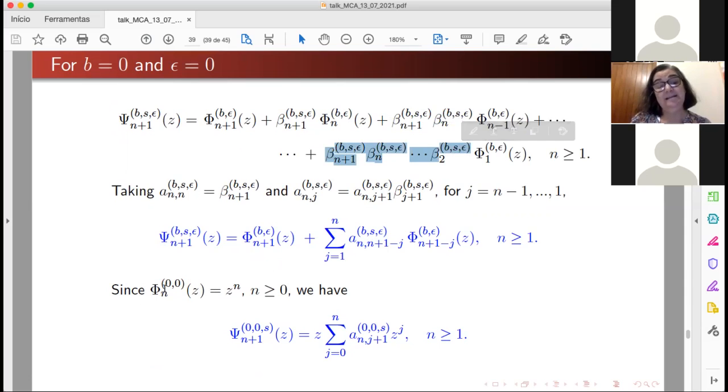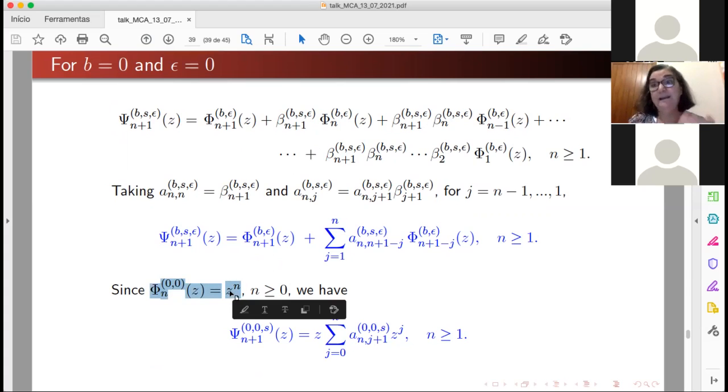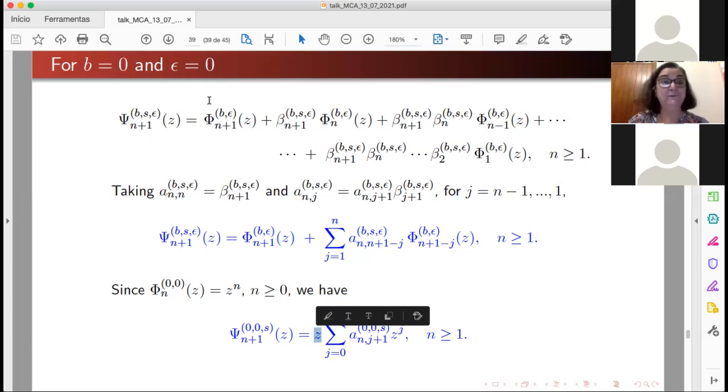In this case, the polynomial is very simple, it's just z to the n, because we are talking about the Lebesgue measure in this case. So we can write it like this. We see that 0 is a root.